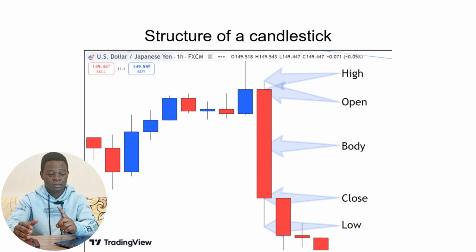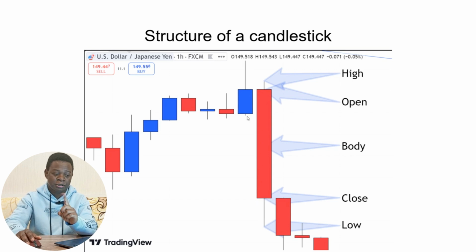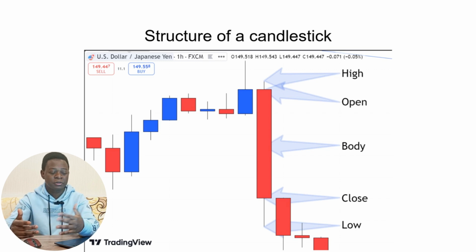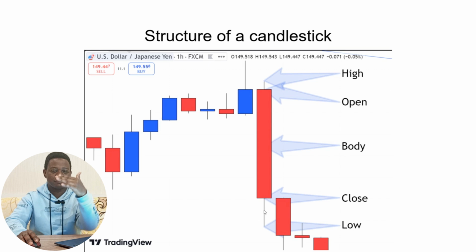Now, guys, look at how large this candle is, and it's red. What does that show you? It tells you who has dominance in this market. It is the bears. Though the buyers stepped back in here to push the market a little above, looking at the size of this candle, it still shows that the bears are in control.